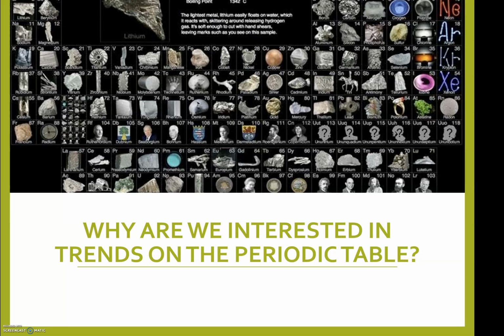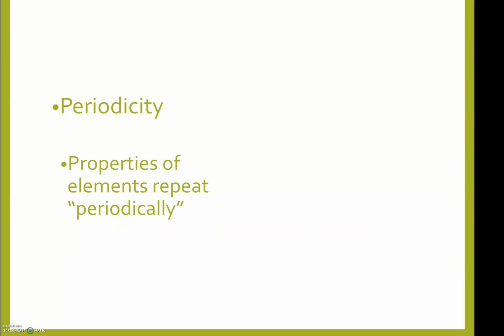Even just the general appearance and how the elements look tends to differ as you move from left to right. However, when I go to the next row, I suddenly see that the property that was similar to the element above it in the same group looks awfully similar. So periodicity is a repeating in property as we go from row to row.